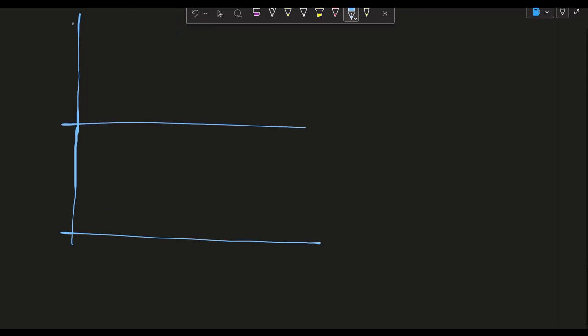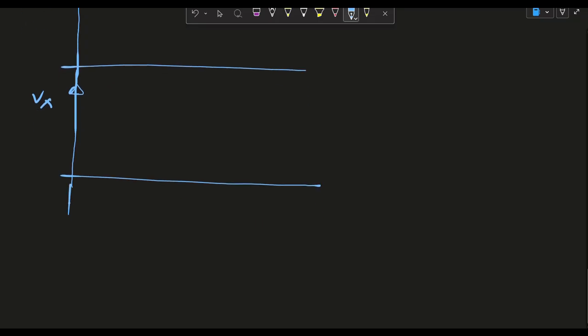This is our first. I will plot VC1, then I will plot VX, then I will plot VY. This is the time axis, and then this VY.